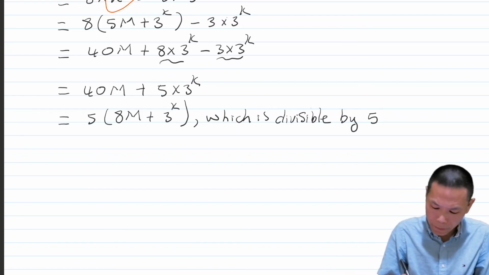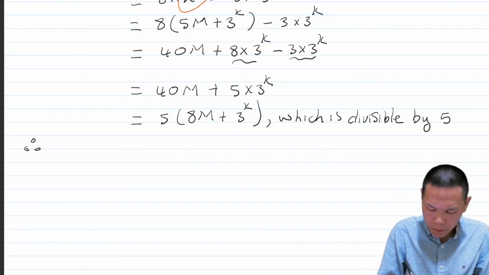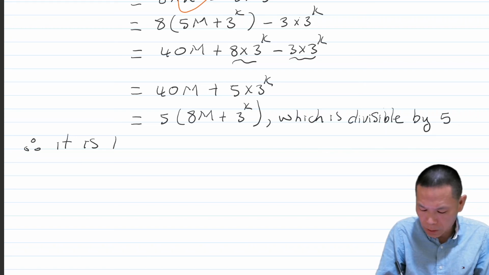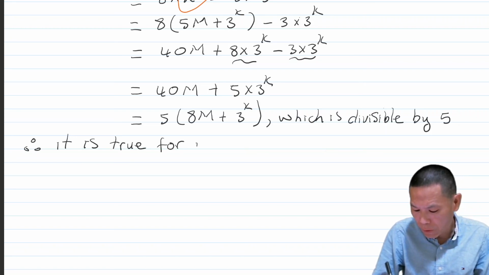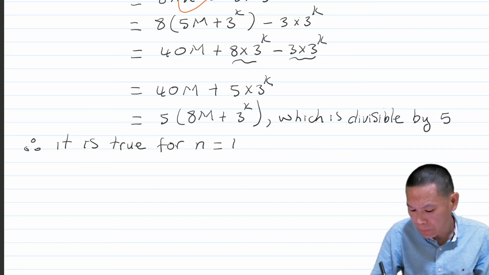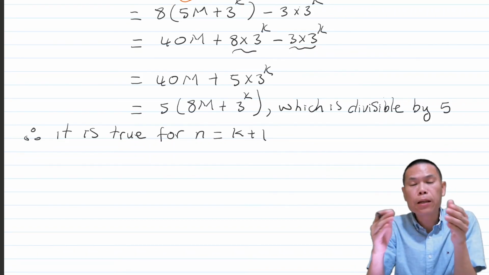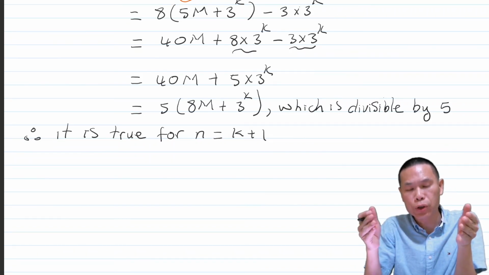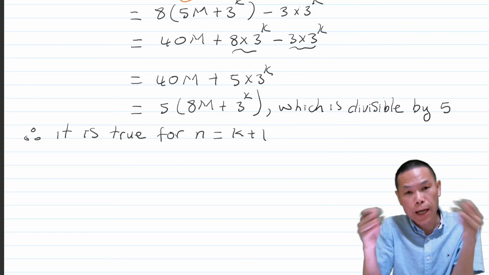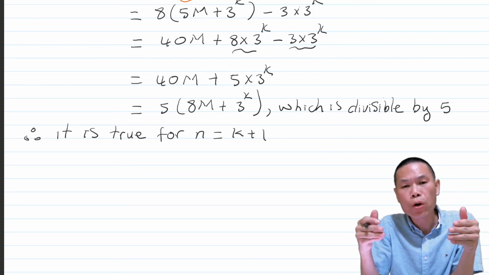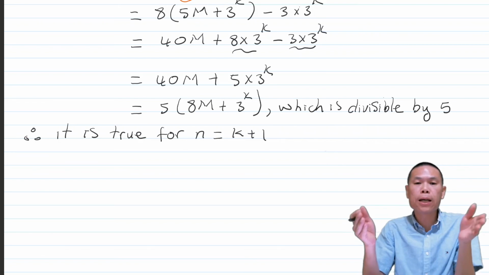So I just write therefore. So therefore it is true for n equal to k plus 1. Then the final statement is the conclusion. So I can write therefore the statement is true for all positive n greater or equal to 1.